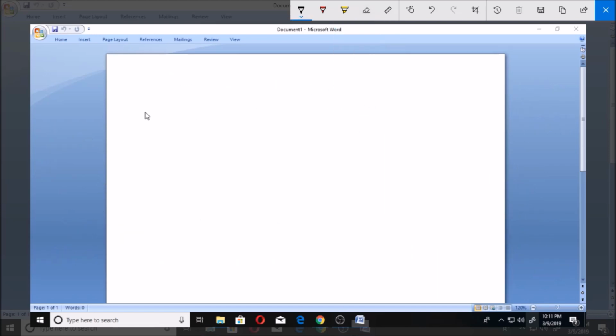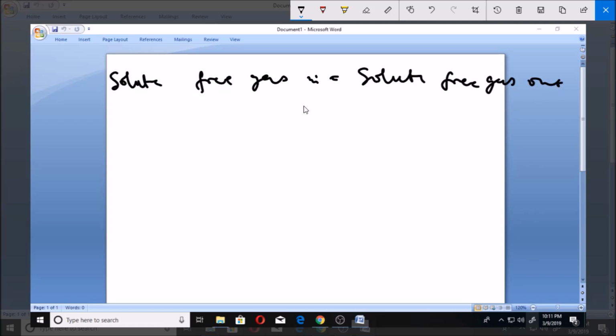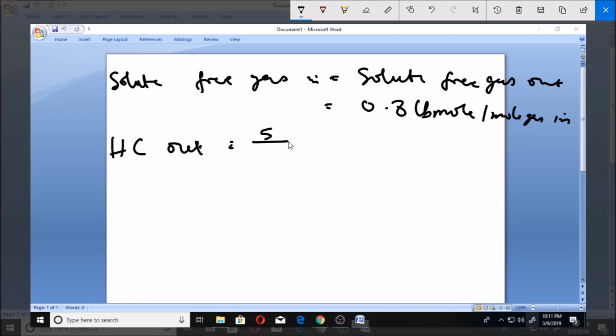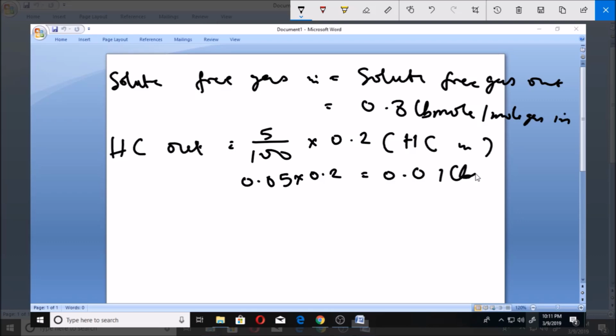If we go further in this calculation, solute free gas in is equal to solute free gas out, which is 0.8 pound moles per mole gas in. We can also say that hydrocarbon out is equal to 5 over 100 times 0.2 of the hydrocarbon in, since 95% is recovered. This gives us 0.05 times 0.2, which is 0.01 pound moles.